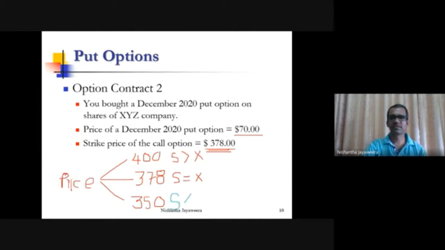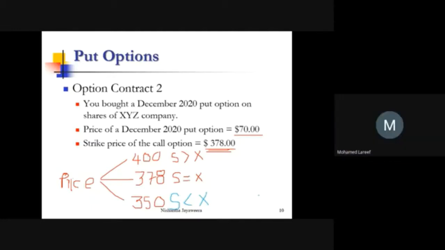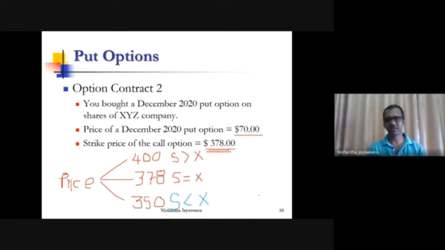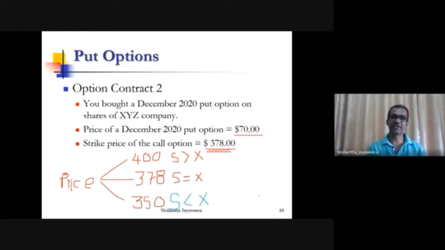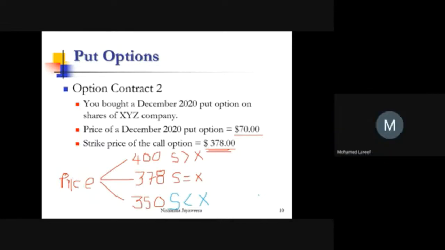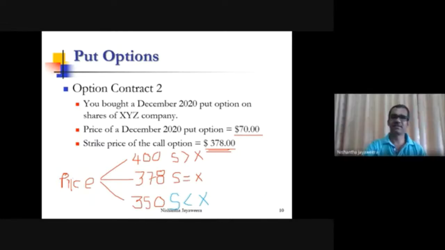Spot price is less than the strike price. What do you do? Exercise. You exercise. What does it mean? In a put option, you sell the asset at what price? 378.